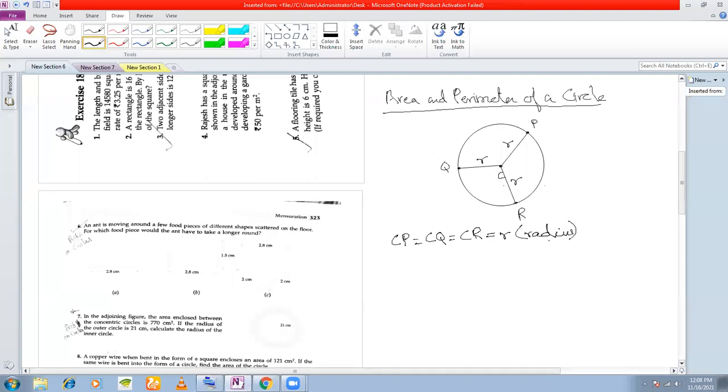Plural is radii. Okay. When you're talking about more than one radius, we say radii. So CP is one radius, CQ is one radius, CR is one radius. Each of them forms a radius of the circle. In this case, if you know the radius of a circle, then you can find out the area of this circle.